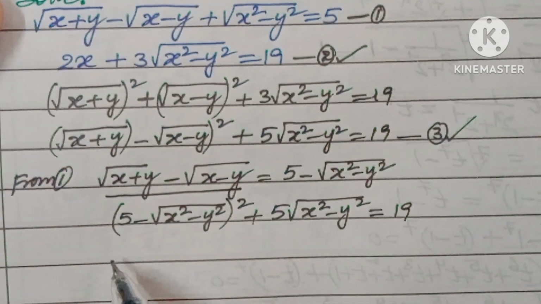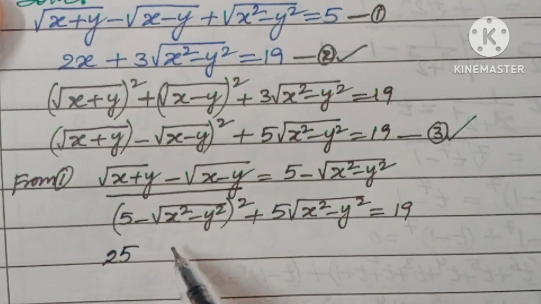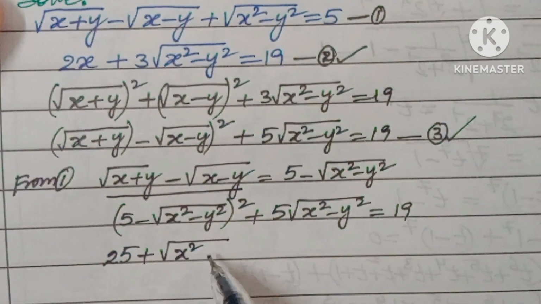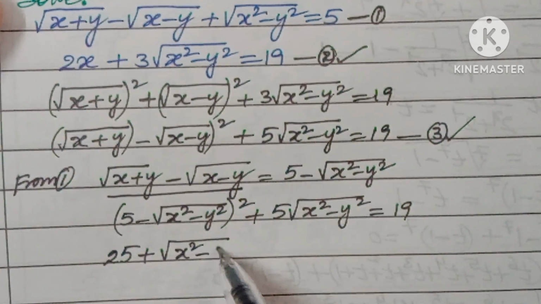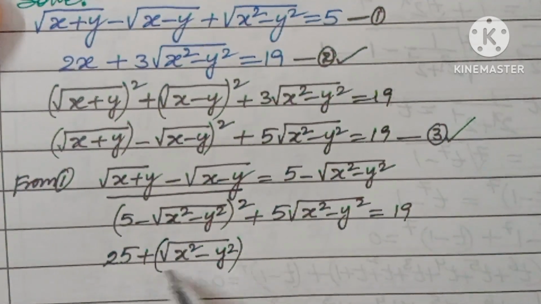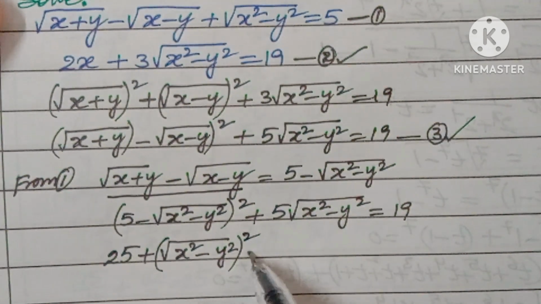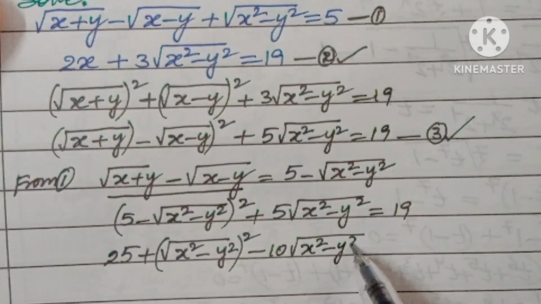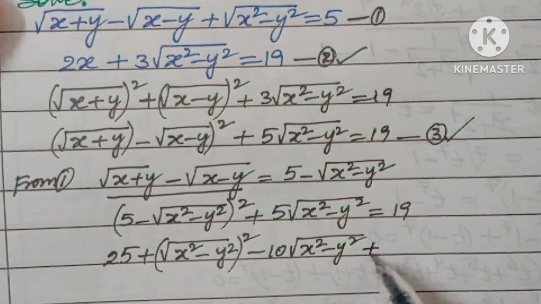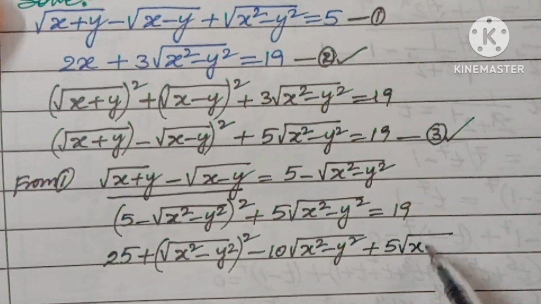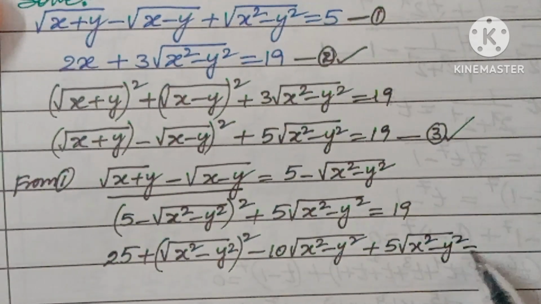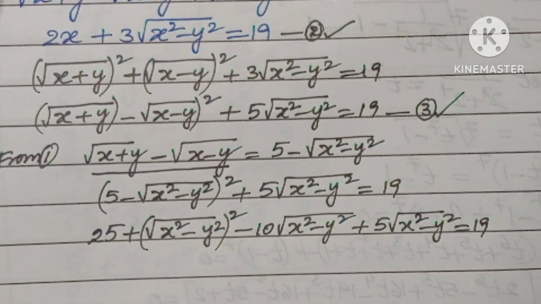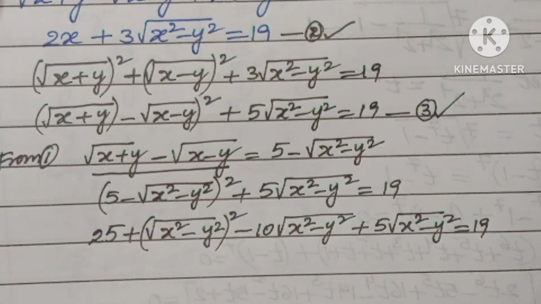Now if you open this bracket, 5 square is 25 plus (√(x²−y²))² minus 10√(x²−y²) plus 5√(x²−y²) is equal to 19.